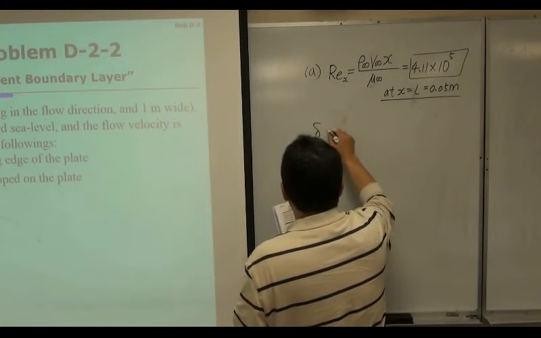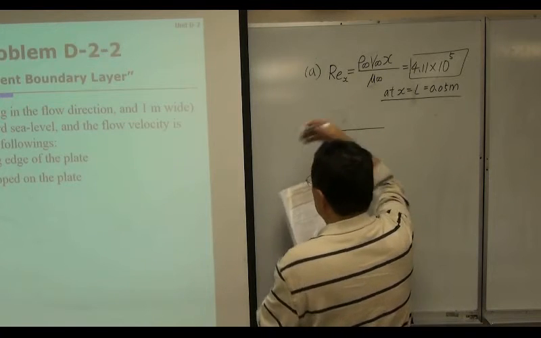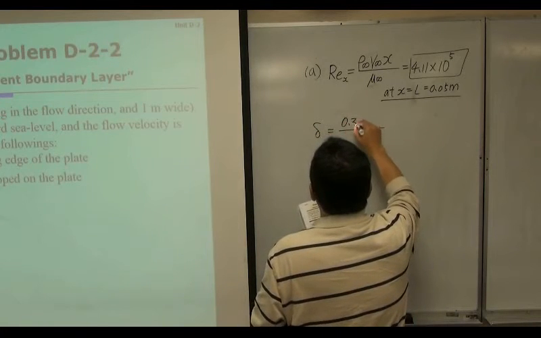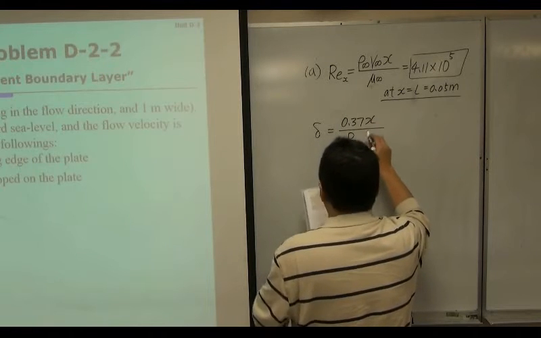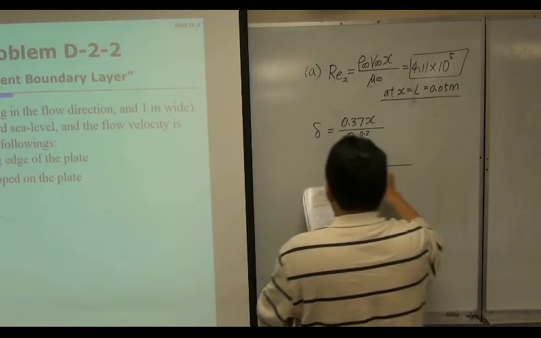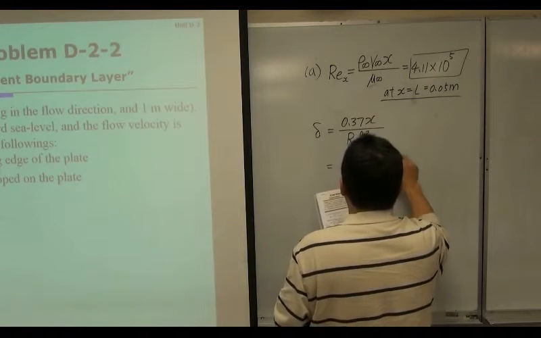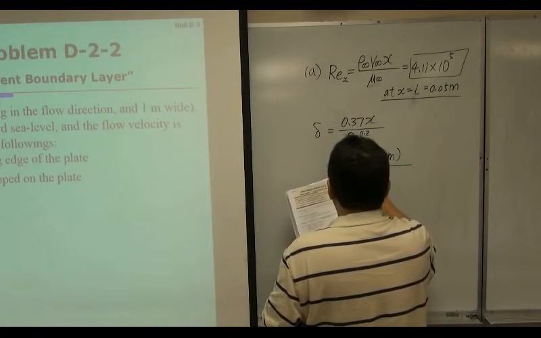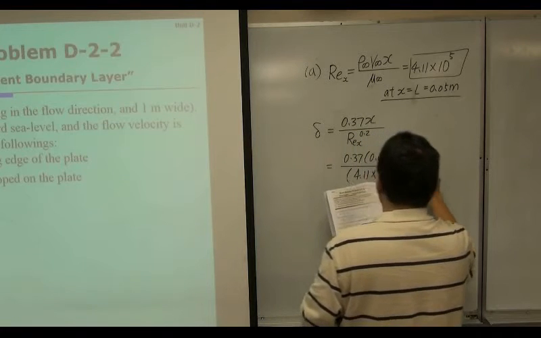So, for the boundary layer thickness, let's use the equation for turbulent flow, from the previous page: 0.37x divided by Reynolds number to the power of 0.2. That is 0.37 times 0.05 meter divided by 4.11 times 10 to the 5 to the power of 0.2.